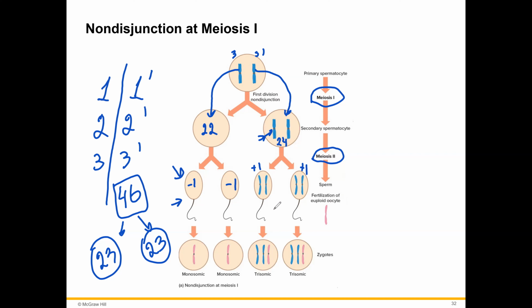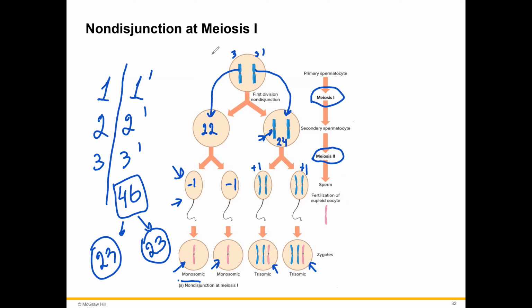So if this is sperm, and it now fertilizes an egg, and in the egg we're going to show this chromosome in the pink color, so this is a normal egg, but the sperm that fertilizes now is missing one chromosome or has an extra chromosome. If it's missing a chromosome, it's going to be monosomic. If it has an extra chromosome, we will have trisomic, one extra chromosome.